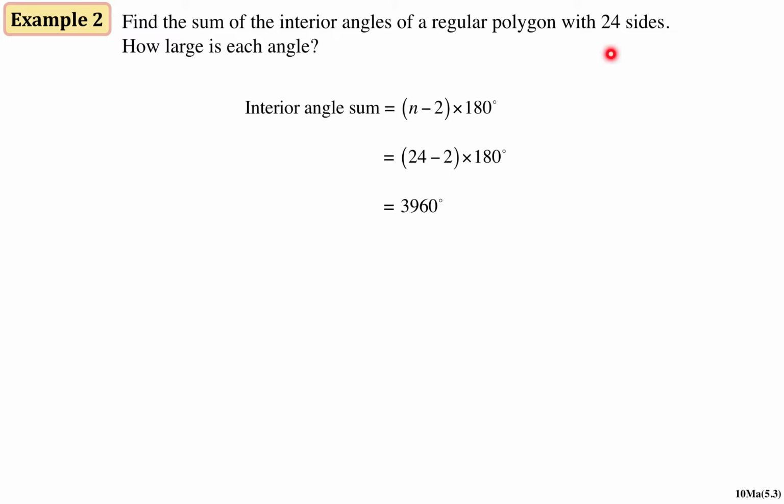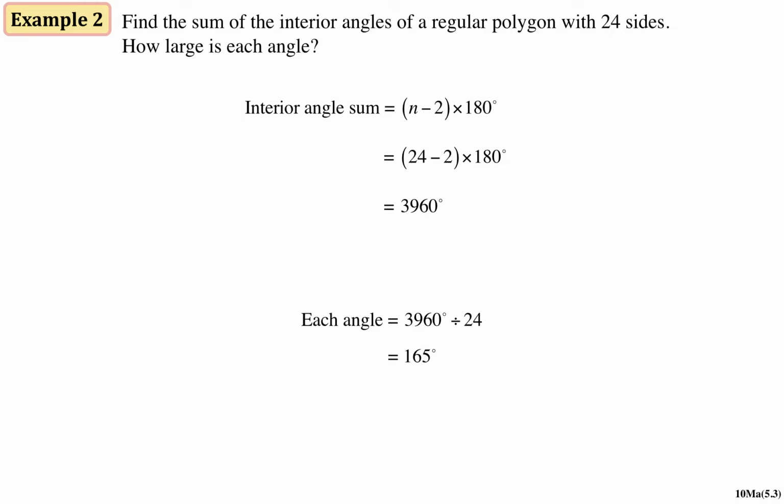So I know there's 24 angles, and I know that all of the angles add up to 3,960, so each angle is 3,960 divided by 24 because there's 24 angles. And put that into your calculator and you'll get 165 degrees for each angle in the shape.